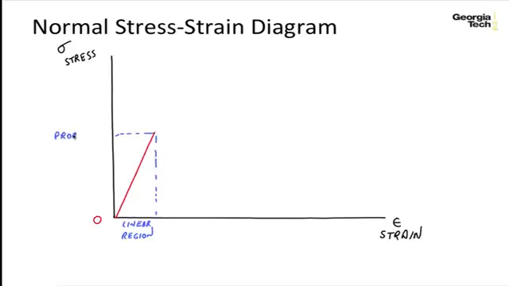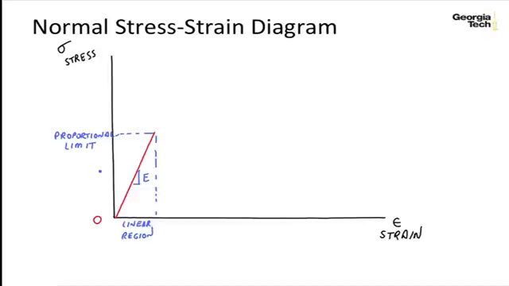That's where stress is no longer directly related to strain. And the slope of this linear elastic region is E, or what's going to be called Young's modulus, or the modulus of elasticity, and we'll talk more about that later on.